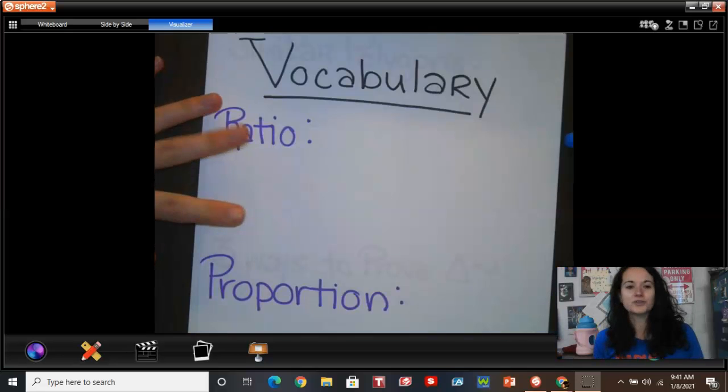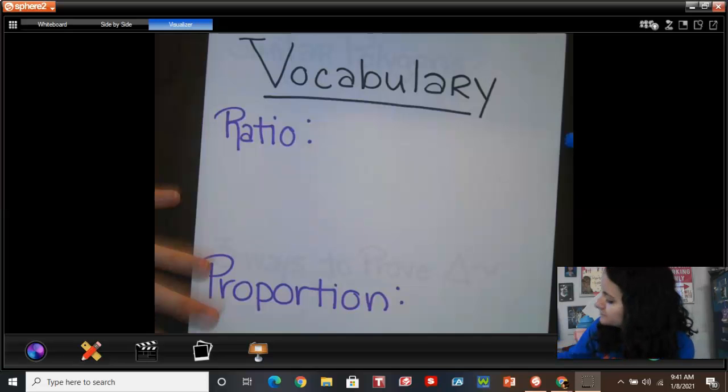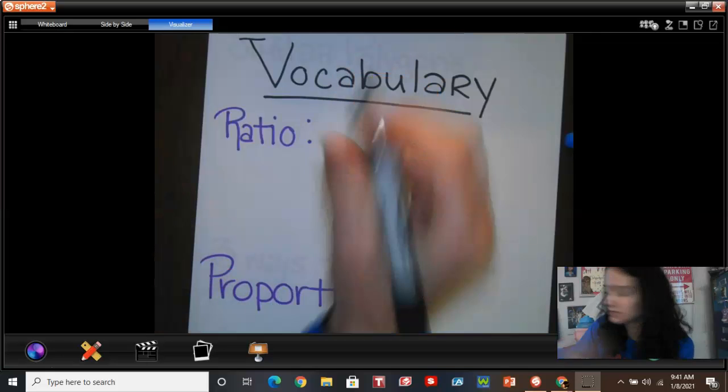We're going to start off with our vocabulary. So our first vocab word is ratio, and a ratio is a comparison of numbers or quantities. So you think of it as like a fraction is what they usually look like.